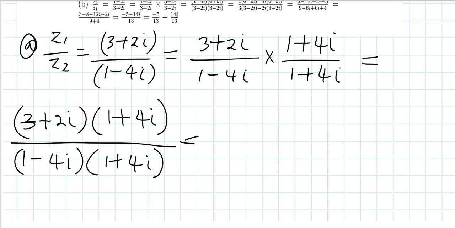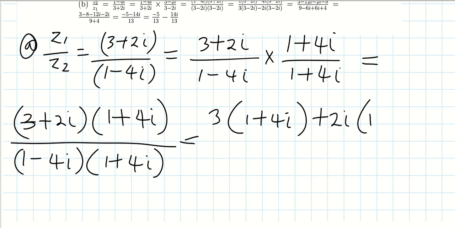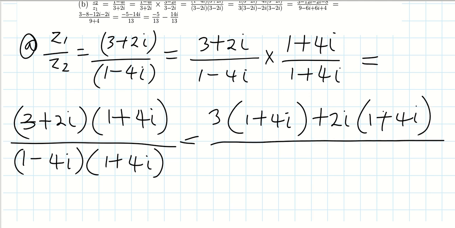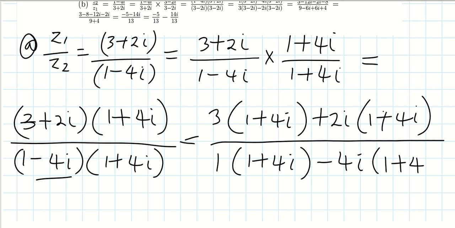We do that, we have 3 open bracket 1 plus 4i plus 2i open bracket 1 plus 4i, divided by 1 open bracket 1 plus 4i, and you use minus 4i, so minus 4i open bracket 1 plus 4i.